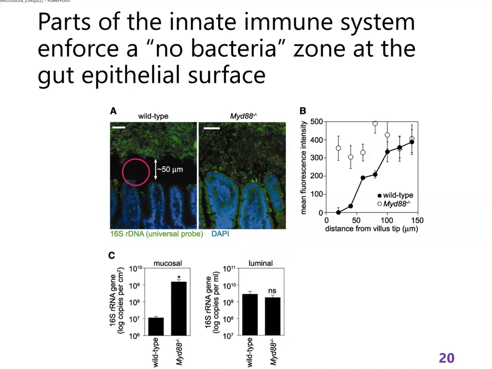So in the healthy mouse, there's normally a separation between the microbiota and the actual host cells. And you better believe you'd find the same thing in a human colon. We do not expect these bacteria to actually touch our cells very much.